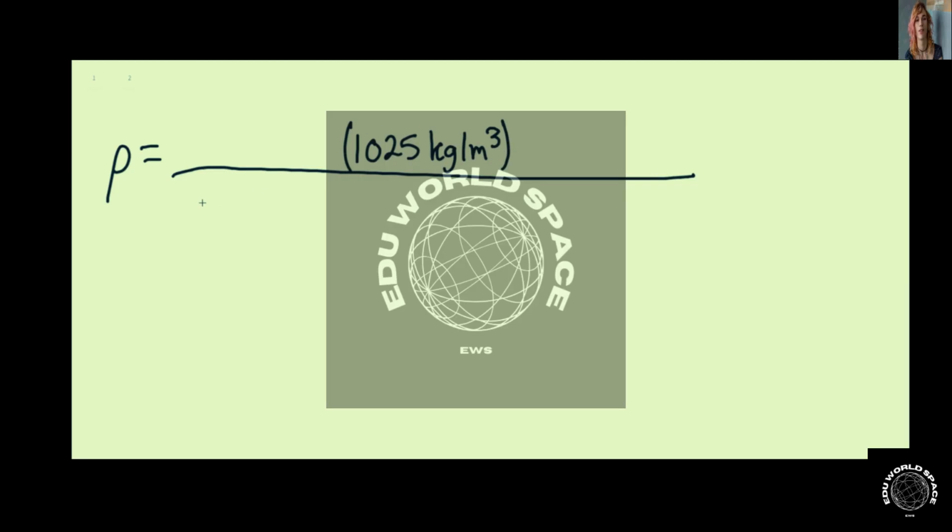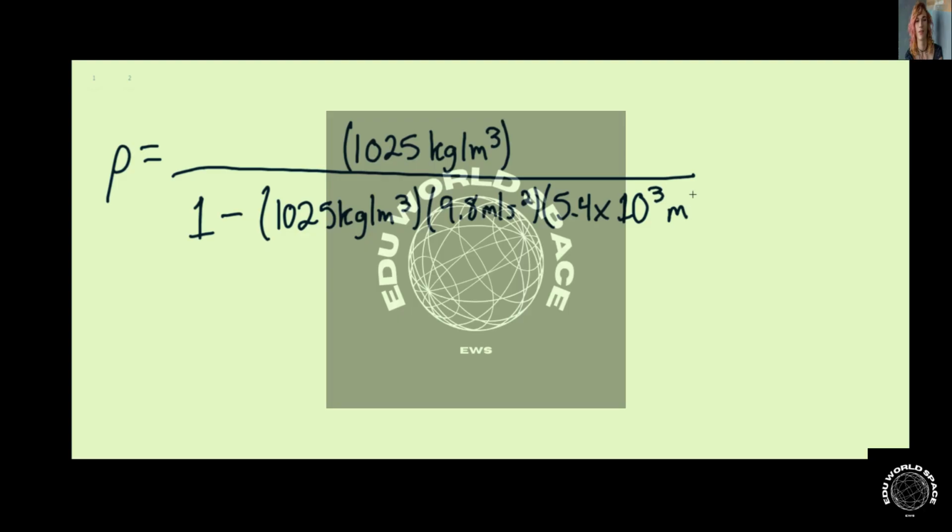And then this would be divided by 1 minus 1025 kilograms per cubic meter times 9.8 meters per second squared times 5.4 kilometers, or 5.4 times 10 to the third meters.